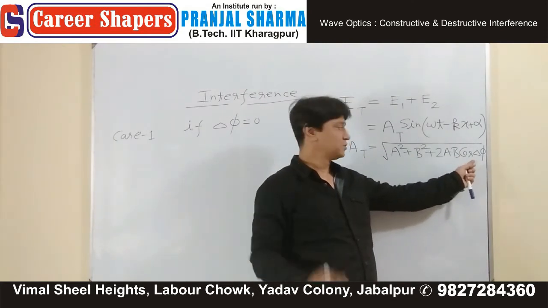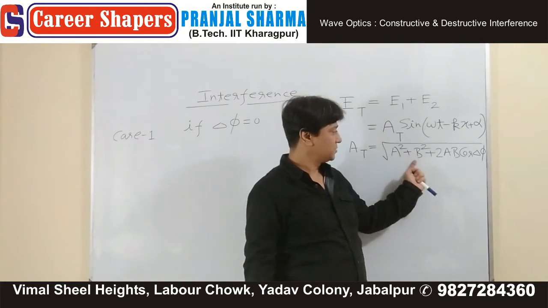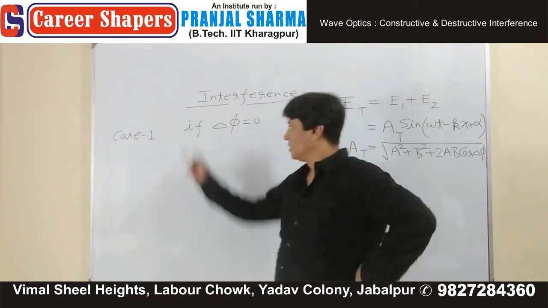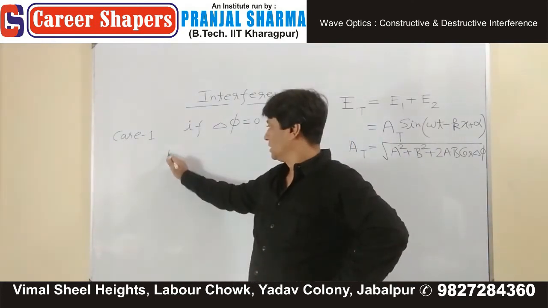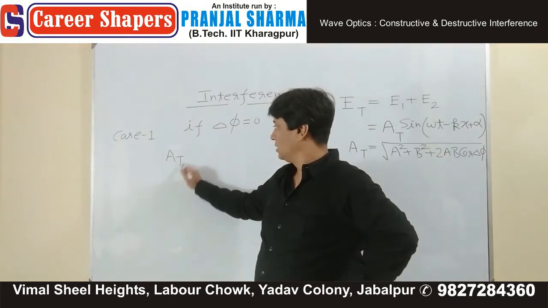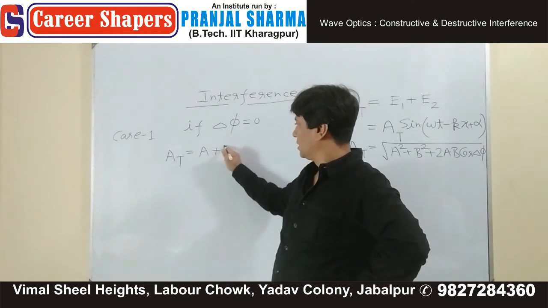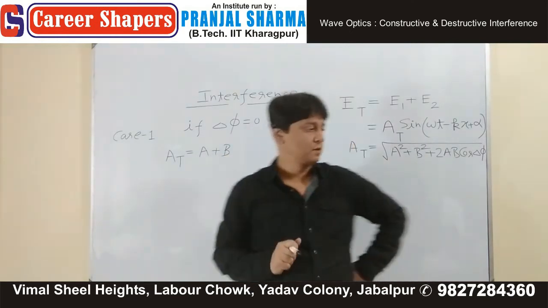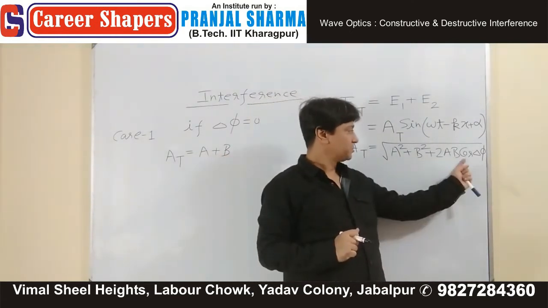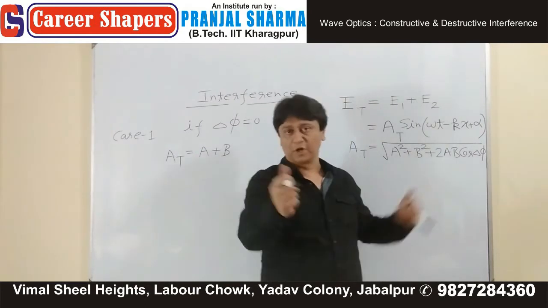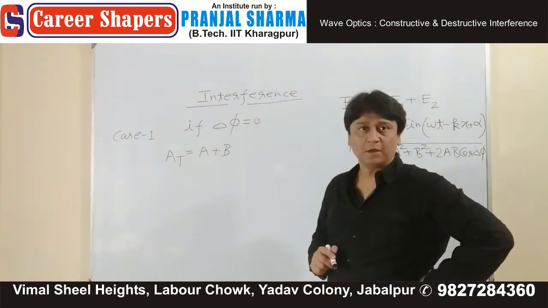If cos 0 is 1, then this is what? A square plus B square plus 2AB. That gives us A total as what? A plus B whole square under the root will give you what? A plus B. Which means what?